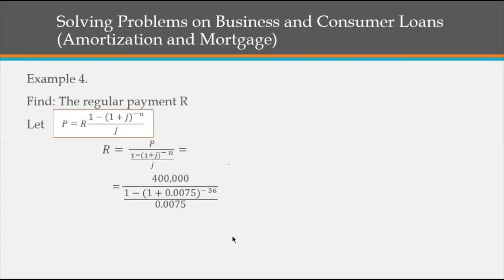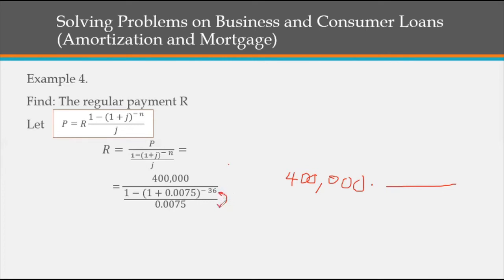Okay, so pag ginawa natin ito into horizontal form, ang mangyayari sa kanya ay 400,000. Tapos, kung siya ay divide, pwede siyang maging multiply kasi yun ang rule sa division. Tapos, magkakaroon lang ng reciprocal itong dalawa.